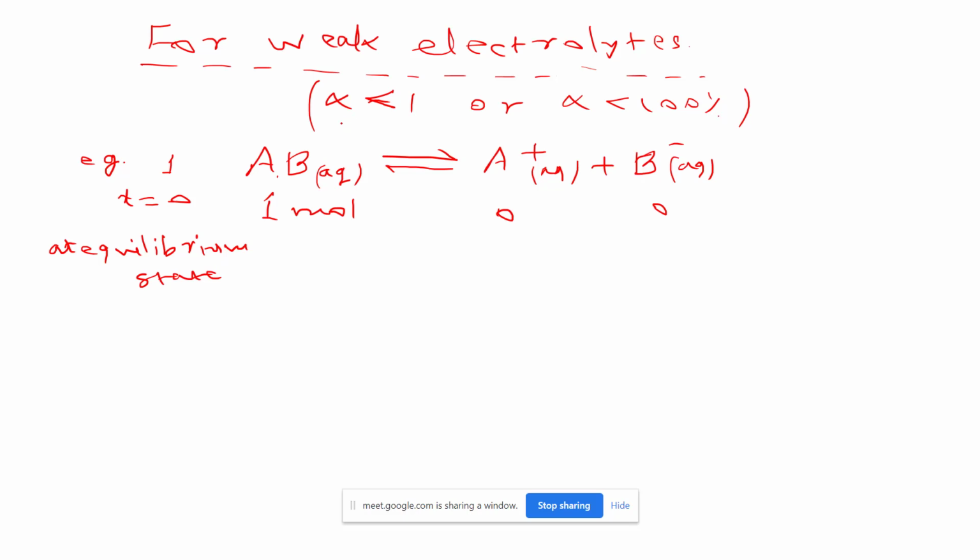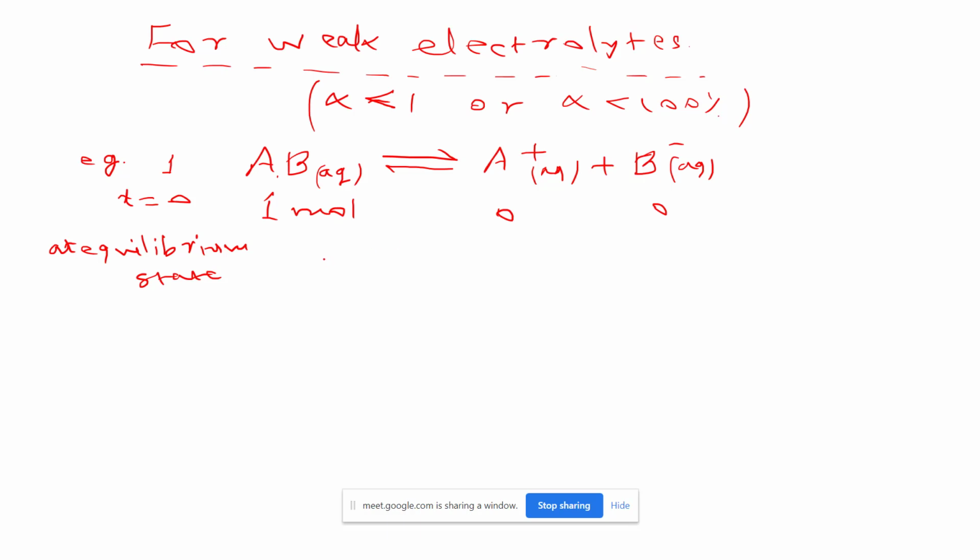Like if 0.1 mole is dissociated from 1 mole, alpha will be 0.1. If 0.2 moles has been dissociated from 1 mole, alpha will be 0.2. Do remember, the fraction of 1 mole of solute dissociated up to equilibrium is known as alpha.